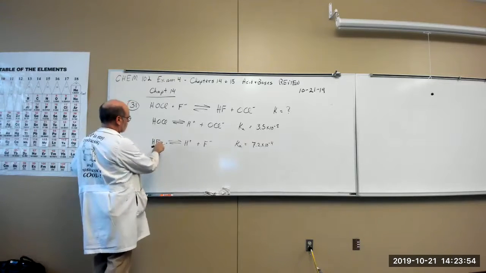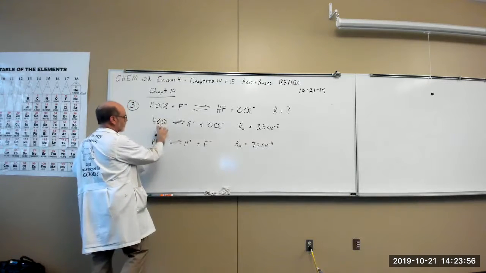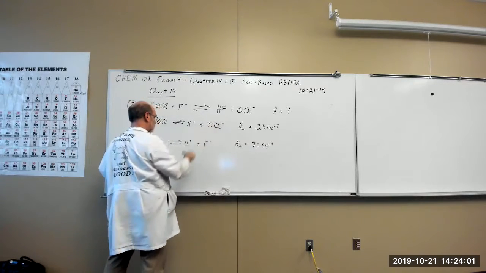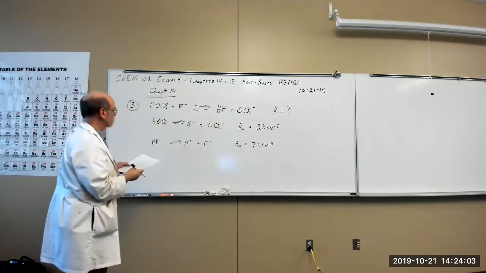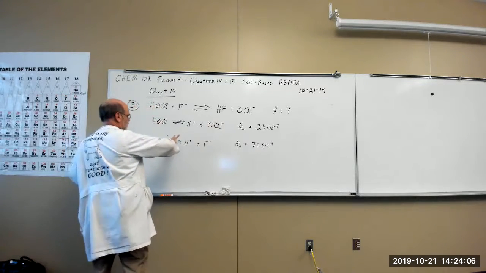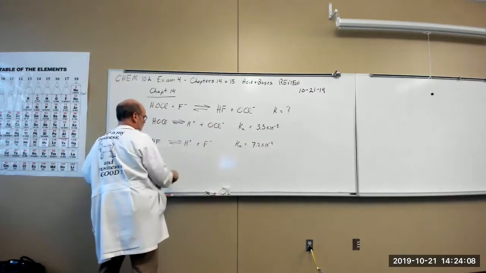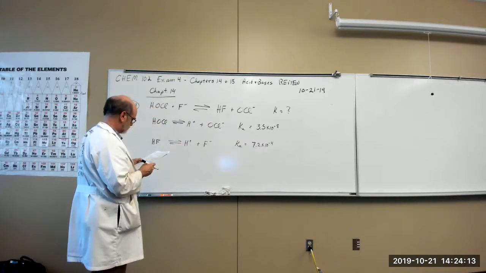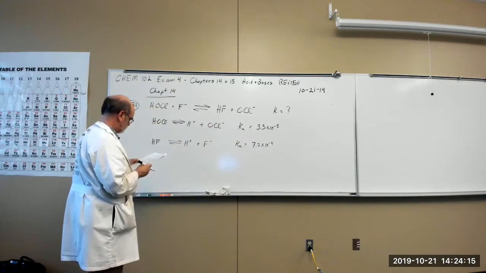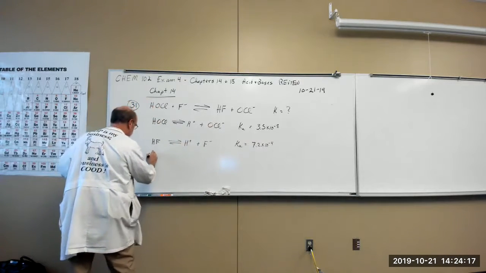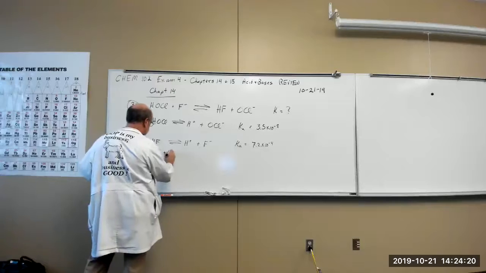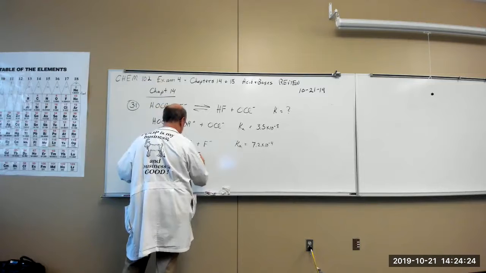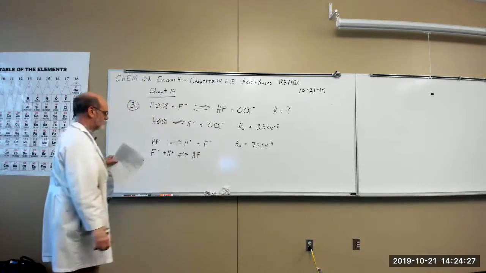Well, we can't add these two together the way they are, because HF needs to be on that side. We need F minus over here and HF on that side. So what do we get when we put F minus on this side?